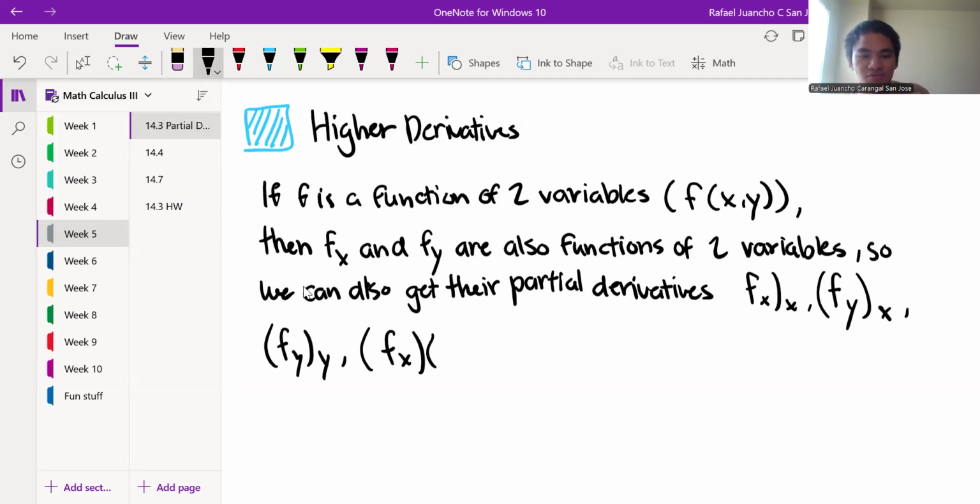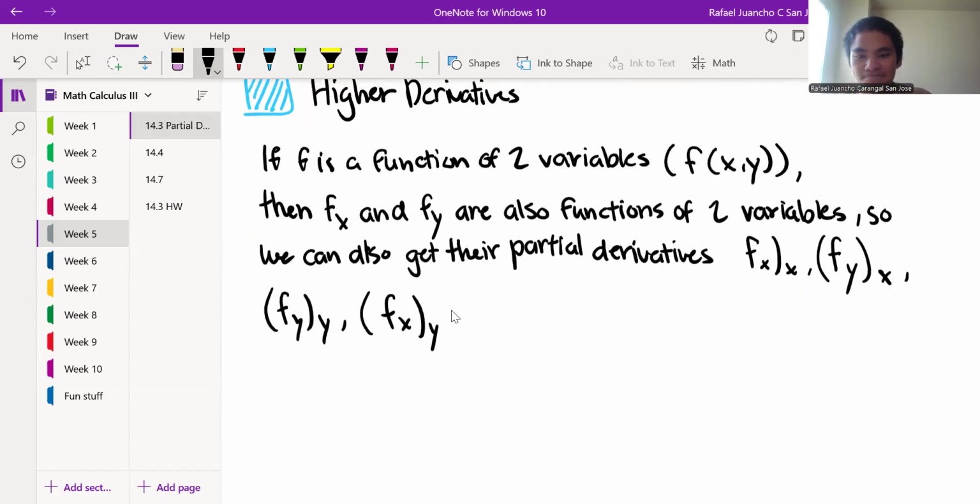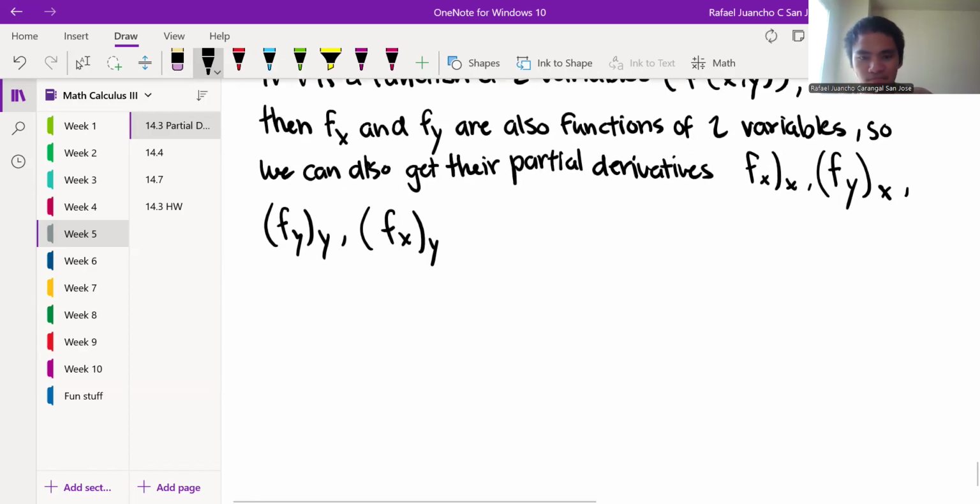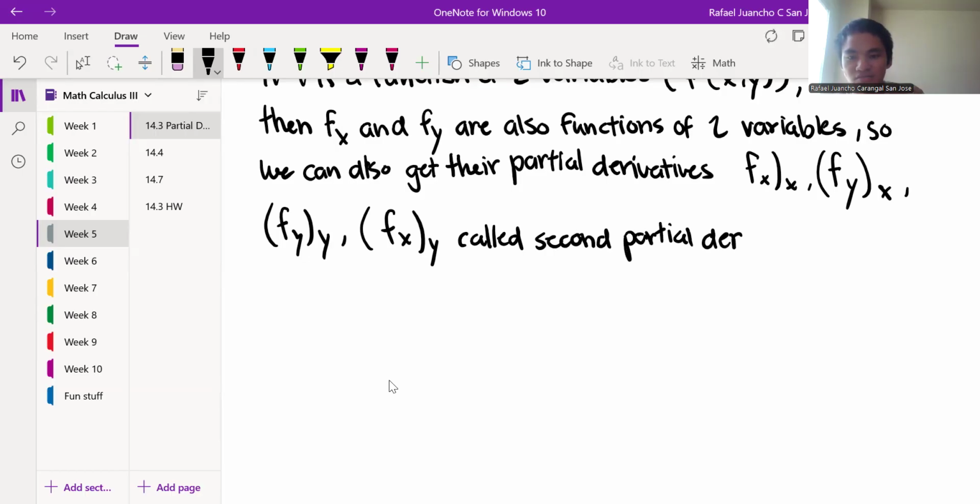And then something with respect to y, then x. So it's those four things. And these are called second partial derivatives, because we're taking the derivative again.